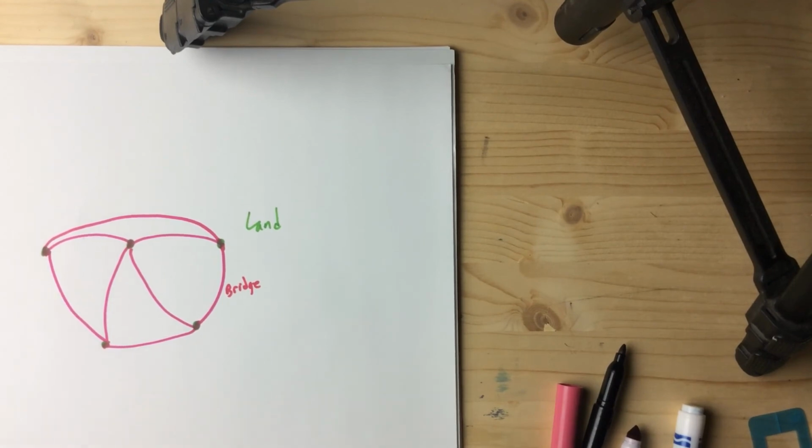So the model represents a town, but they shrunk all of the land to a point and they put the bridges there. And someone asked Leonhard Euler, I live at my house, and on Sundays I'd like to go for a walk and visit all the bridges and come back home, but cross each bridge exactly once.